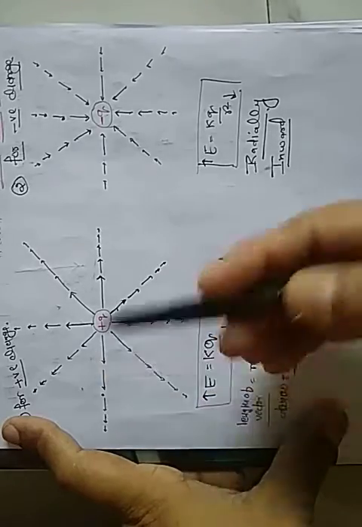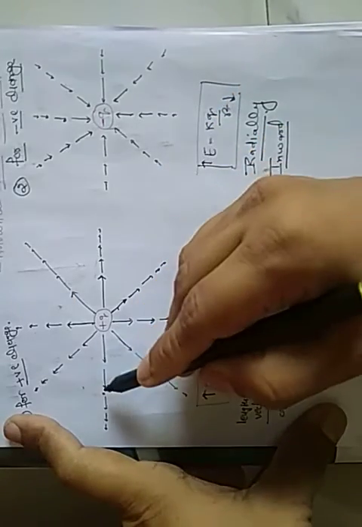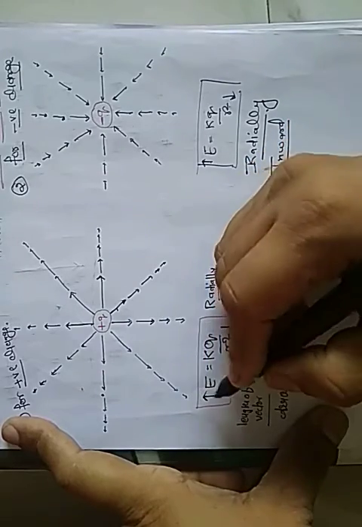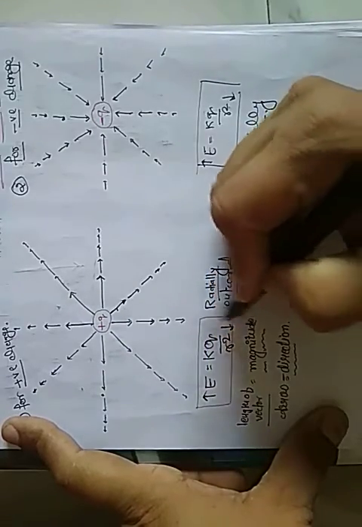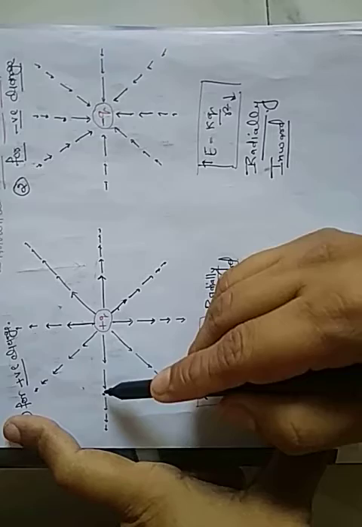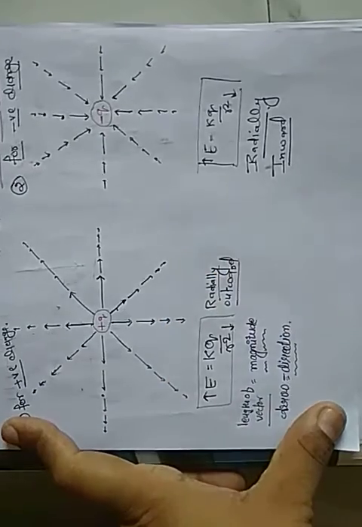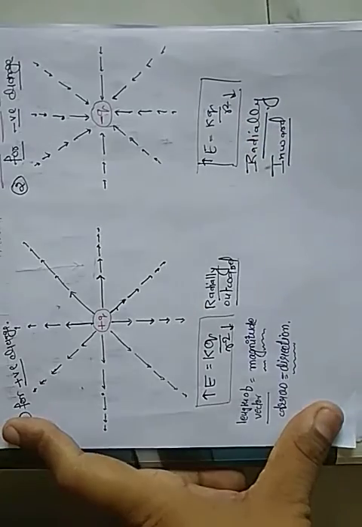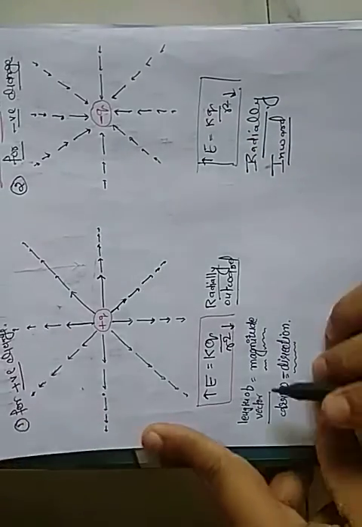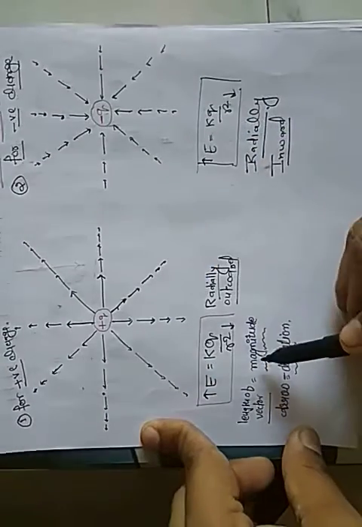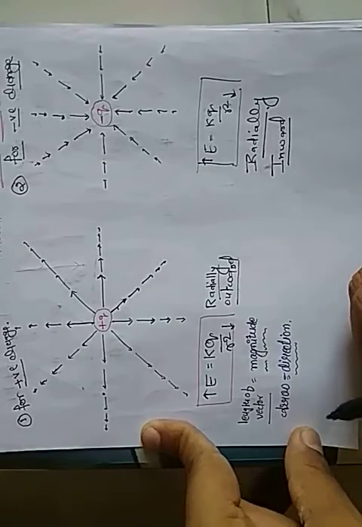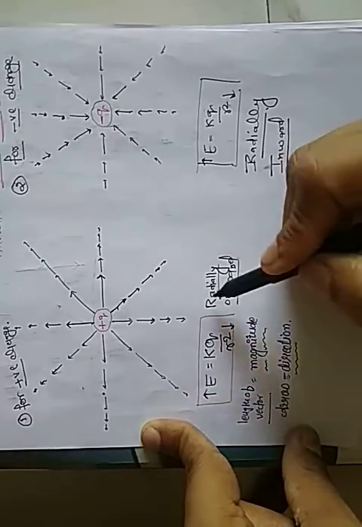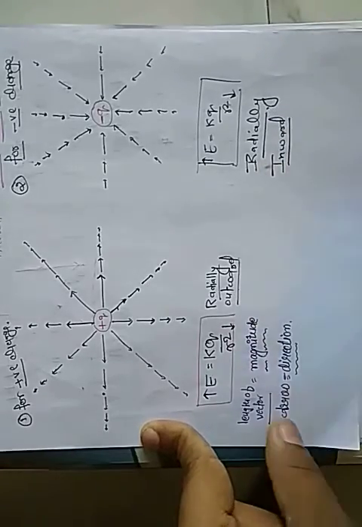Distance decreases, field increases. Distance increases, field decreases. Similarly here also, the electric field increases when the distance decreases. So the length of the vector gives the magnitude, and the arrow gives the direction: radially outward for this, and radially inward for this.